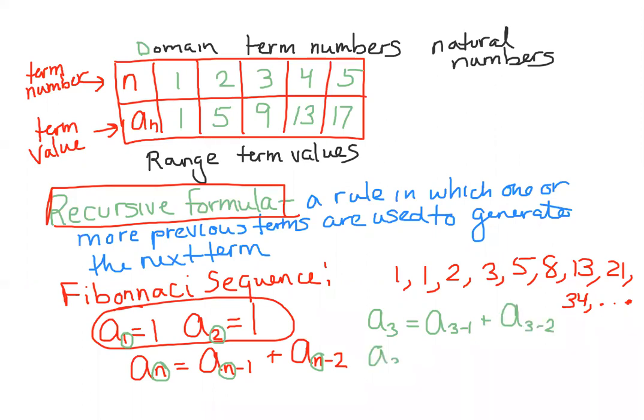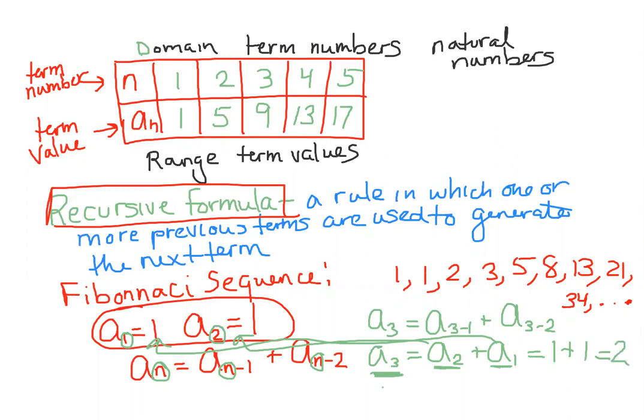So what is 3 minus 1? That's A2. And what is 3 minus 2? That's A1. So the third term is the second term plus the first term. And the second term is 1, and the first term is 1. We already had that defined. So that tells us that the third term is 2.